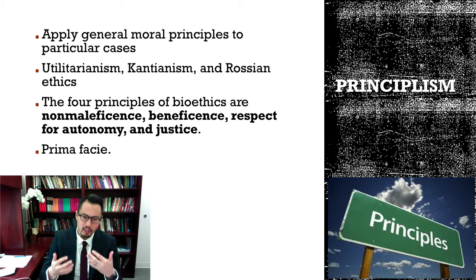But the classic standard approach in bioethics, popularized by Tom Beauchamp and James Childress in the 1970s, is called the Four Principles of Bioethics. The four principles of bioethics are non-maleficence, beneficence, respect for autonomy, as well as justice.